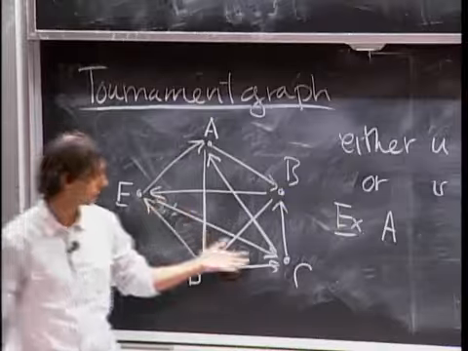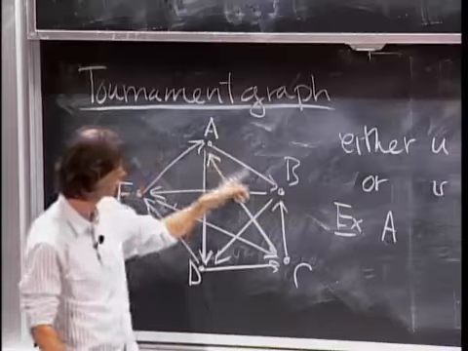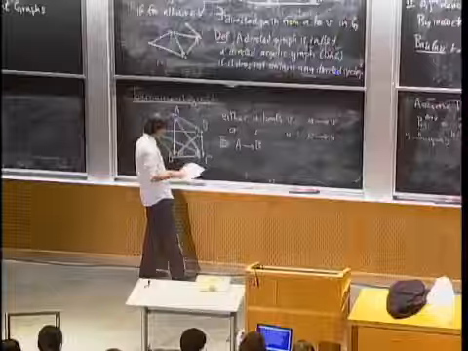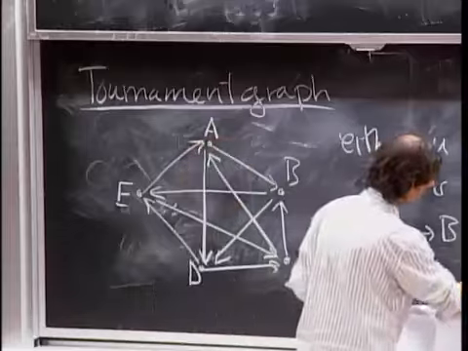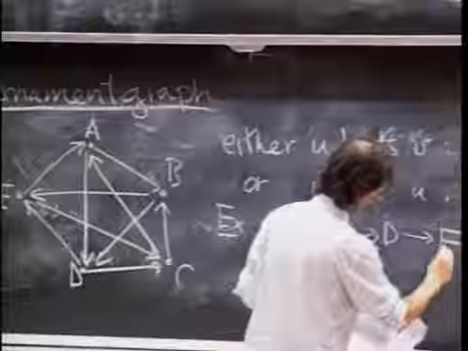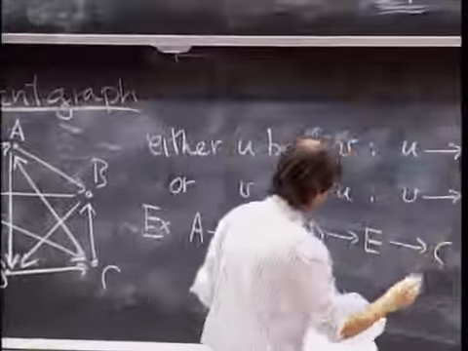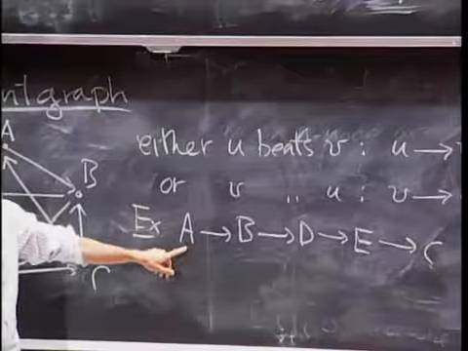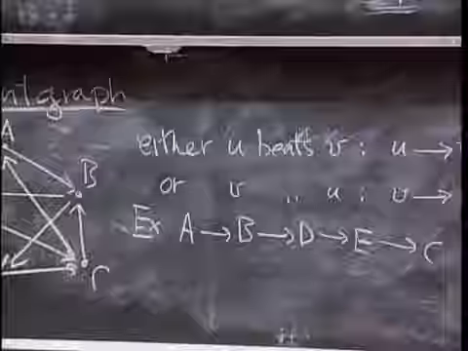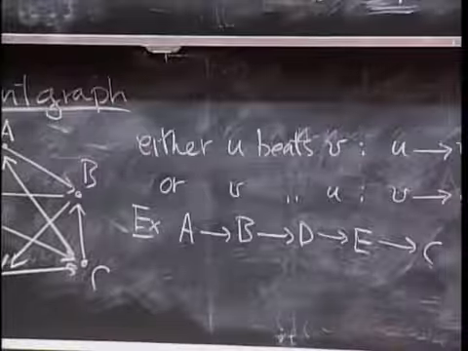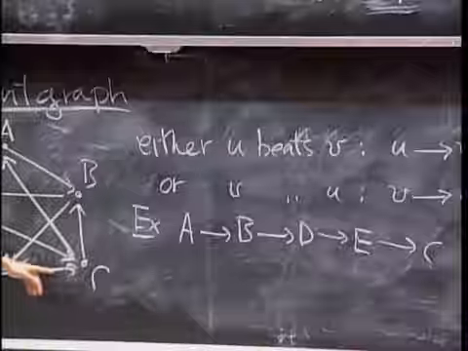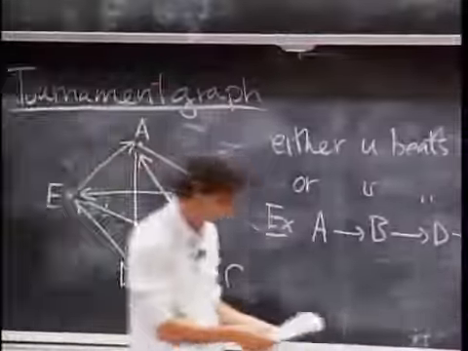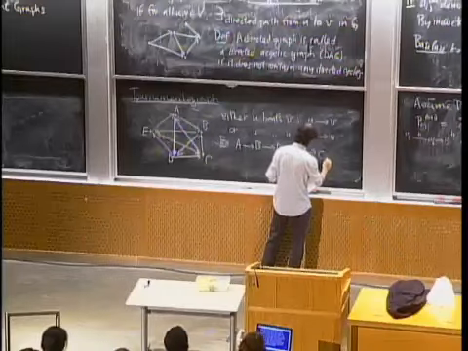Like the one at the top, like A, is able to, for example, beat B. And B is, for example, able to beat D. And this one, E. And this one, C. So you would say, okay, that's great. Now I know that this one is the strongest player. But there's a little problem here, right? Because I can produce many such paths. And actually, if I look at C, then C beats A as well. So that's kind of weird. So wait a minute.